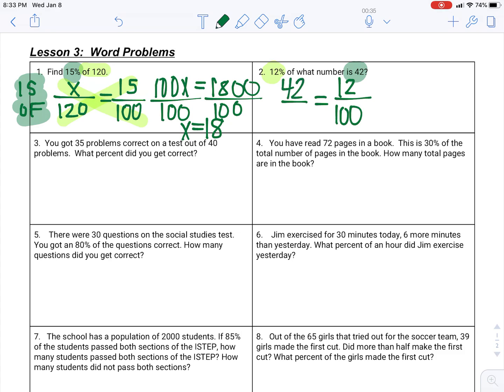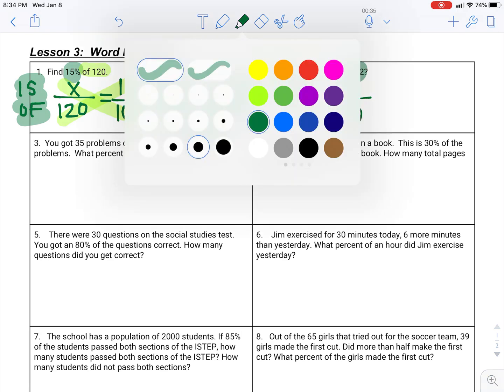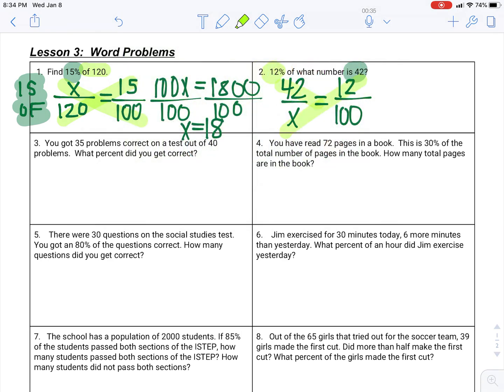So we're going to put 42 on top and x on the bottom, and we're going to cross multiply. And when we cross multiply, we get 12x equals 42 times 100, which is 4200. And when I divide by 12, 4200 divided by 12 is equal to 350. So those were both from yesterday's lesson.